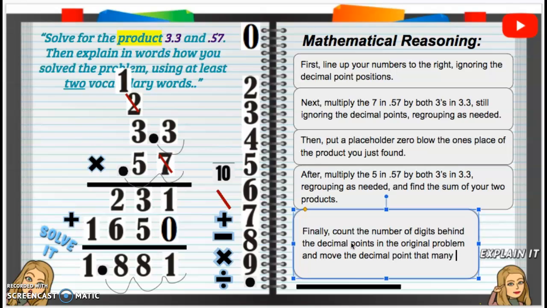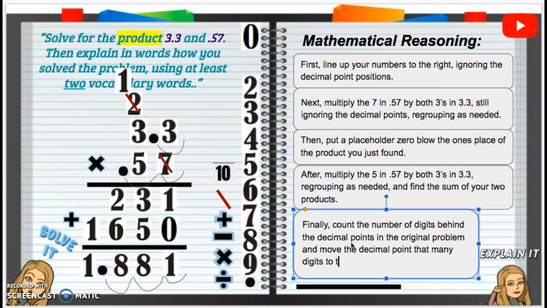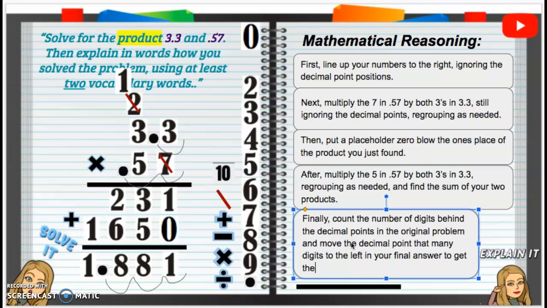So finally, count the number of digits behind the decimal points in the original problem and move the decimal point that many digits to the left in your final answer to get the value of 1 and 881 thousandths.